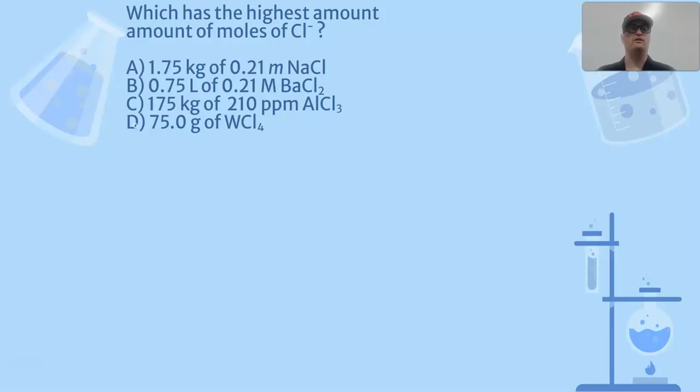So I'm going to start off with the one I consider easiest to follow, and that would be my 75 grams of my tungsten 4 chloride. So I have that present. My molar mass, 325.64 grams in 1 mole of the substance. And my mole ratio is that for every 1 mole of the substance, I would have 4 moles of the chloride ion.